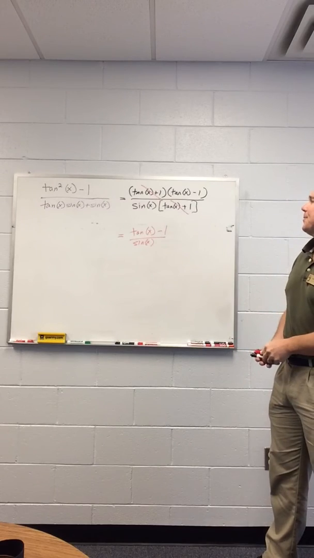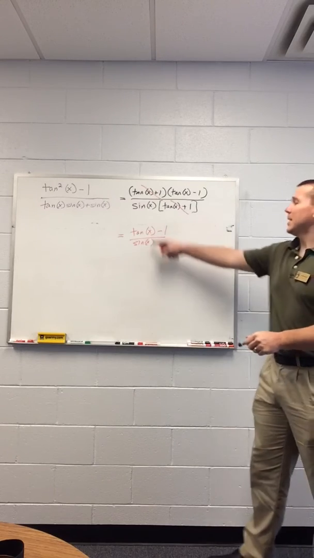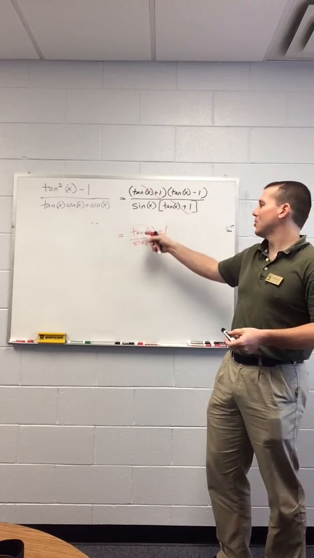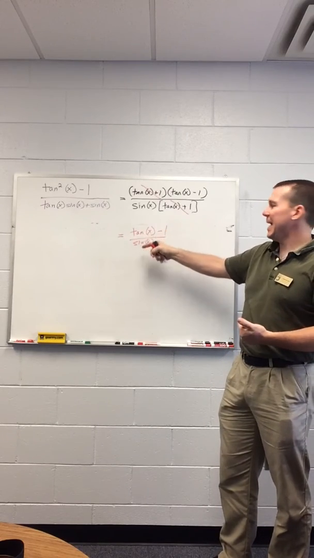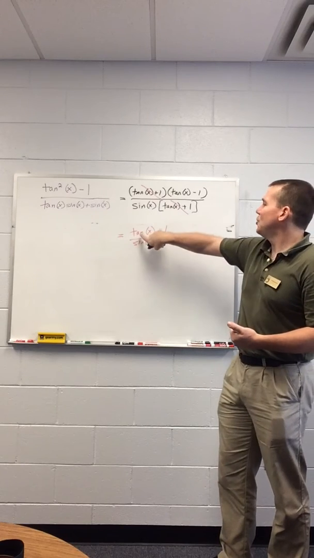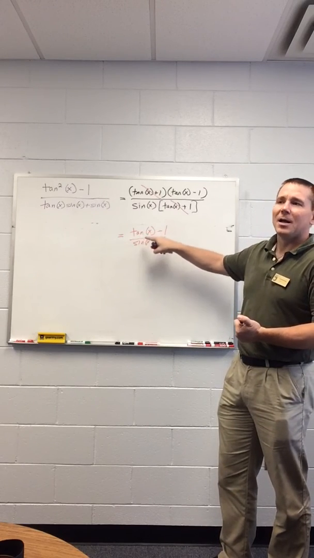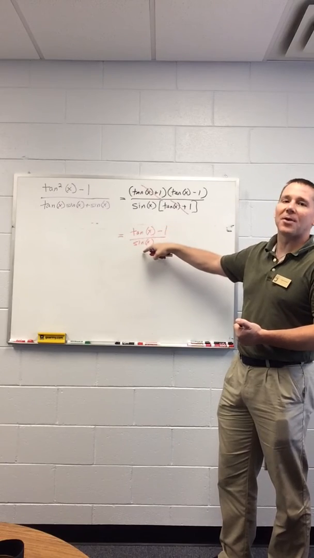From here, there's different things you can do. We don't necessarily like tan because we prefer sine and cosine. So I can rewrite that in terms of sine and cosine. And since I have two terms on top and one term on bottom, I can break this up as two separate fractions.